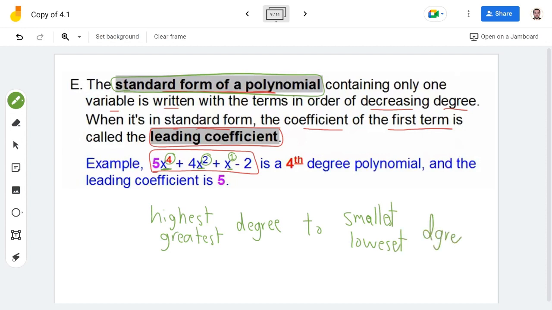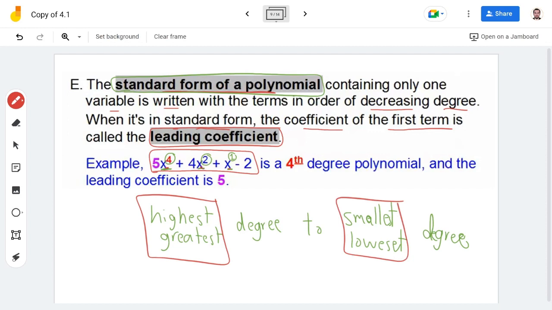So always you just put them in order from the highest to the lowest degree. So here it's x to the power of 4, x to the power of 2, x to the power of 1.